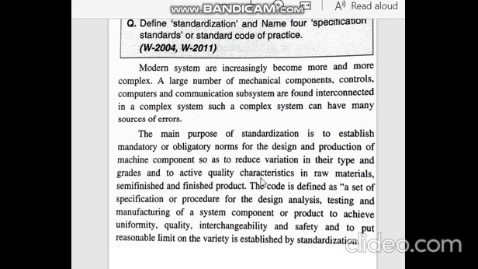So to reduce the variation in their type and grades and to achieve quality characteristics in raw materials, semi-finished goods and finished goods. In the company, if you talk about materials, the materials can be in three states. It can be a raw material, that means just material that has come out from the market.